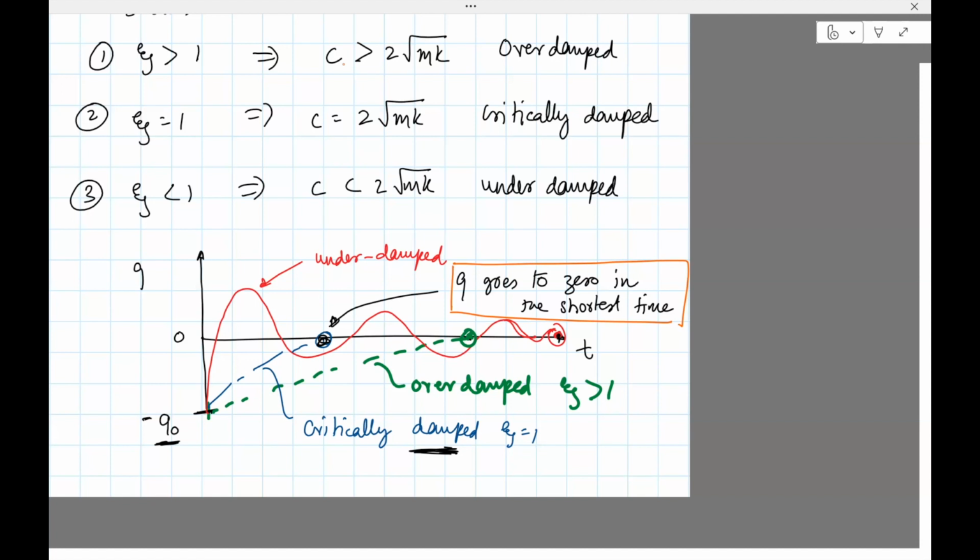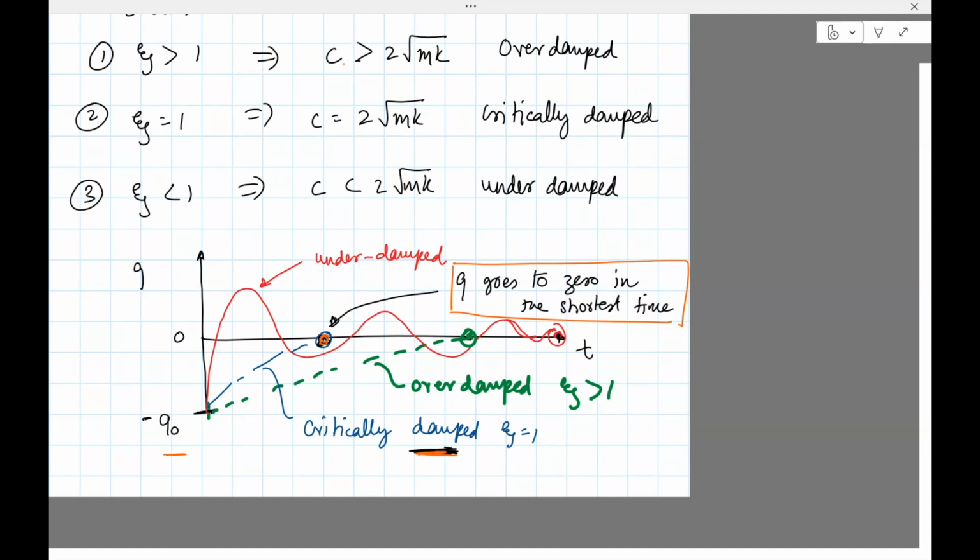Because of disturbance, let's say wind or whatever that is, Q starts off with an amplitude, and then you want it to go back to 0 displacement, and the faster it goes to 0, it's considered to be more stable, because if it takes more time, then you'll feel those oscillations, and that's not good. So we always care about getting the system back to 0 in the shortest amount of time, and that's why a critically damped system is very important.